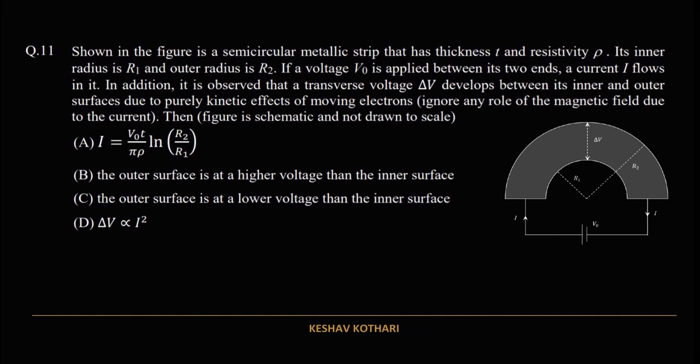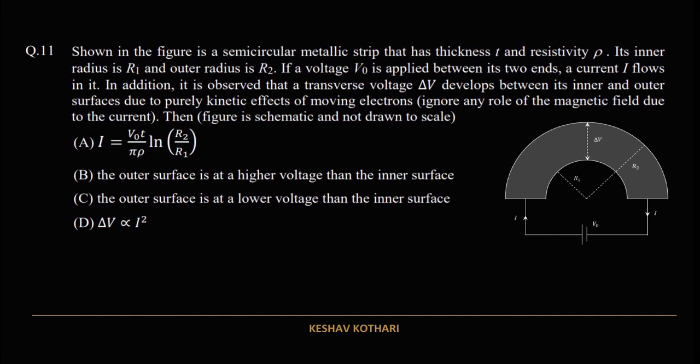We have to ignore any role of the magnetic field due to the current, and then we have to determine the value of current, whether the outer or inner surface has the higher or lower voltage, and the relation of transverse voltage delta V with the current that is flowing in this particular network.